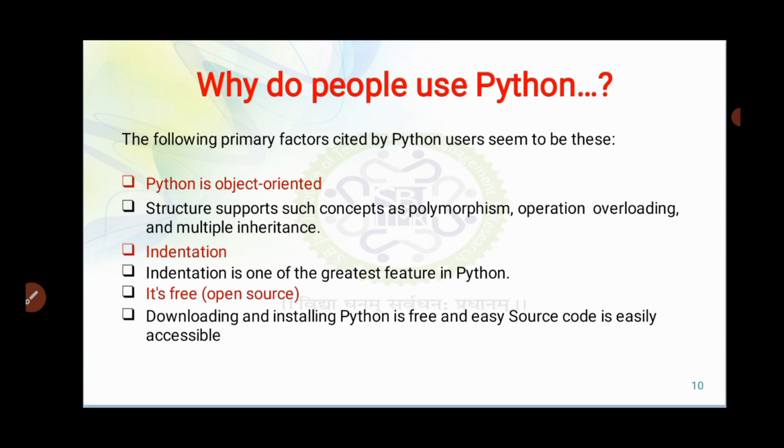That is the only use in languages other than Python. But when you are talking about Python, indentation particularly makes sense. That means how much space you are leaving before starting the actual line of code actually matters. Your errors are also dependent on that.